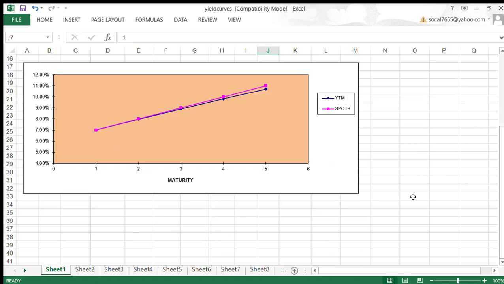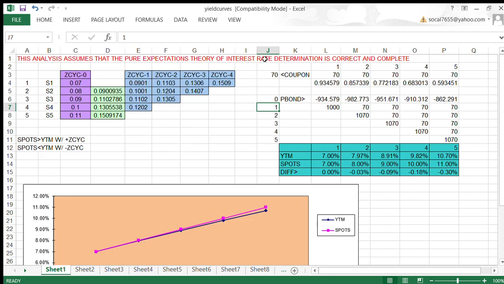Okay, and so that's this yield curve spreadsheet that I referred to earlier. Make sure you realize that the analysis here assumes the pure expectations theory of interest rate determination is both correct and complete. And it's not, because in the real world there's liquidity premiums, but it's very important to see how if this pure expectations theory was totally correct, that we could do some neat analysis.